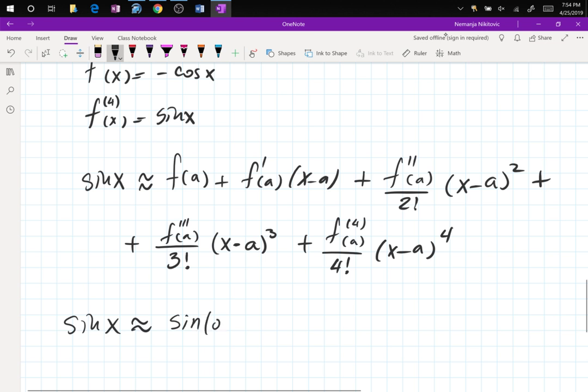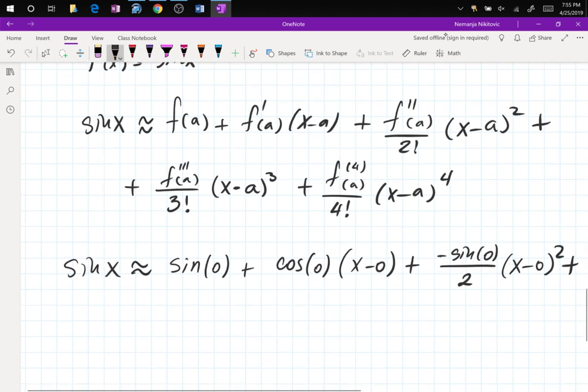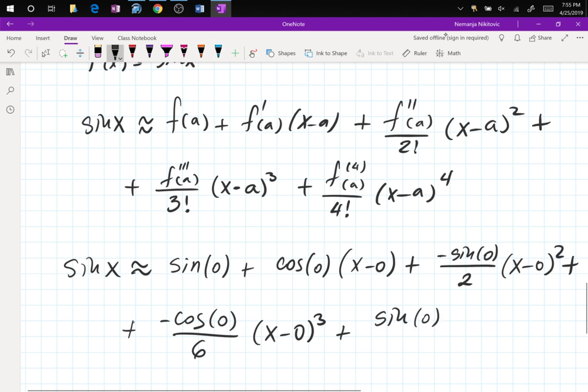I have sine of a, that's sine of 0, plus the first derivative is cosine computed at 0, and then I have x minus 0, plus negative sine computed at 0, that's the second derivative, divided by 2, x minus 0 squared, plus the next term is negative cosine computed at 0 divided by 3 factorial is 6, x minus 0 cubed, and finally plus the sine of, I should have done one more derivative, sine of 0 divided by, this is now 4 factorial, which is 24, x minus 0 to the 4th.